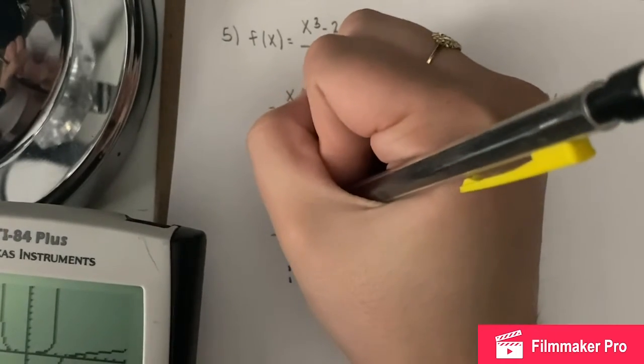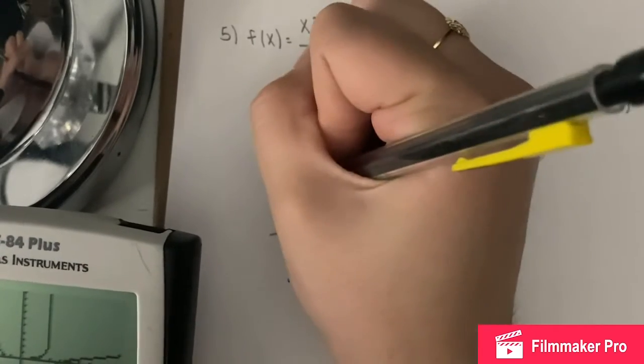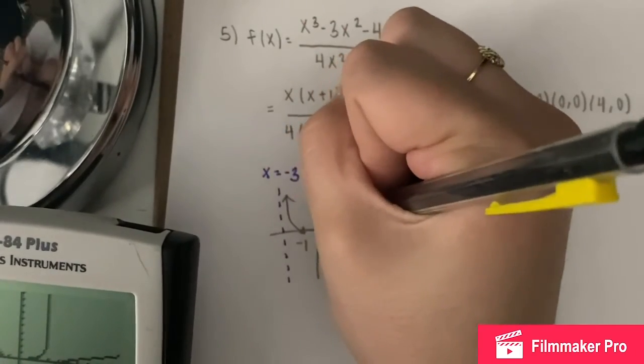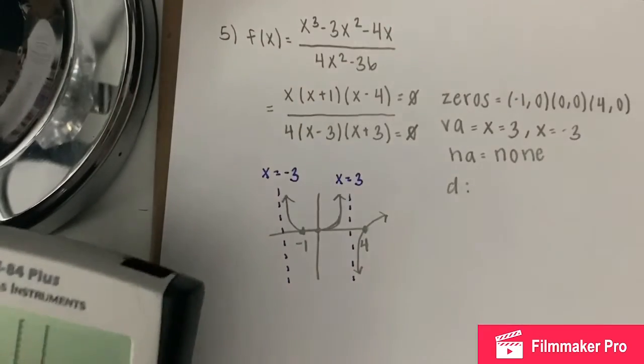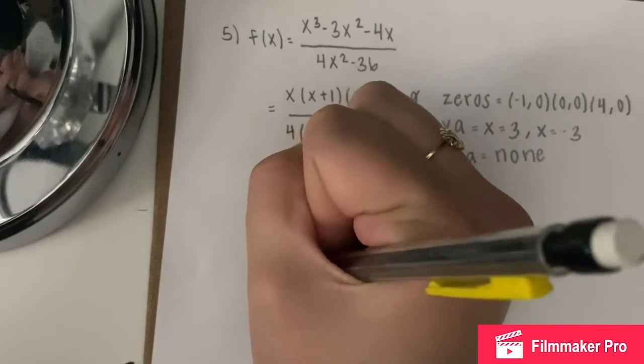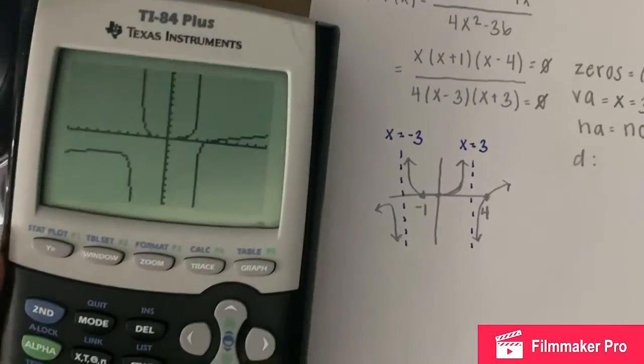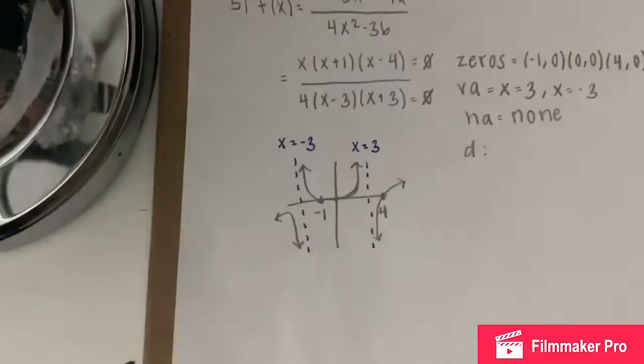And then it goes through these 2 points here and up like that. And then lastly, we have one right here, and it should be something like that.